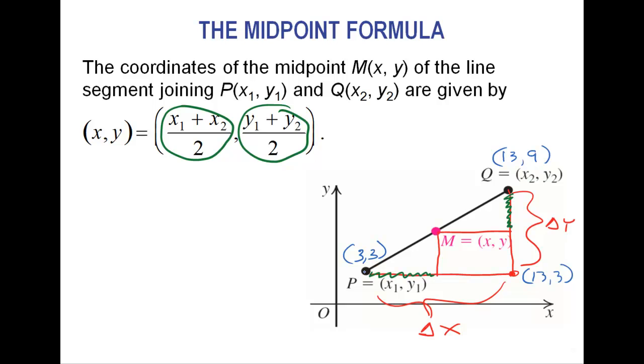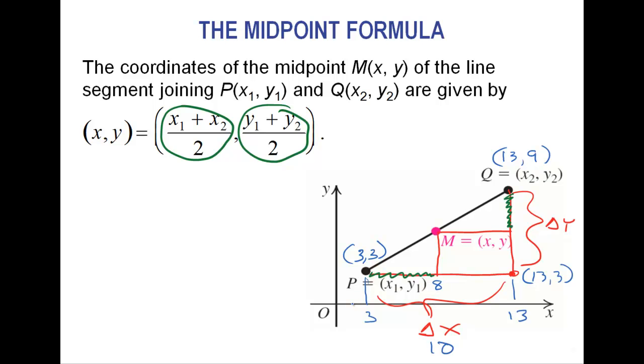Well, it's from going from 3, 3 to 13, 3. So we have an x of 3 here, right? This is at 3. This one's at 13. So isn't that a distance of 10? And wouldn't half of that distance be 5? And we would add it to the lower one. And so we know this is at 8.